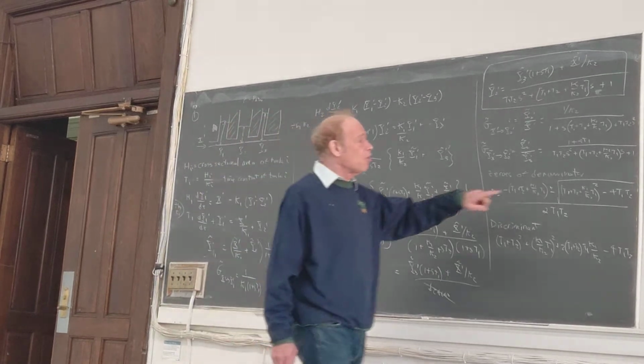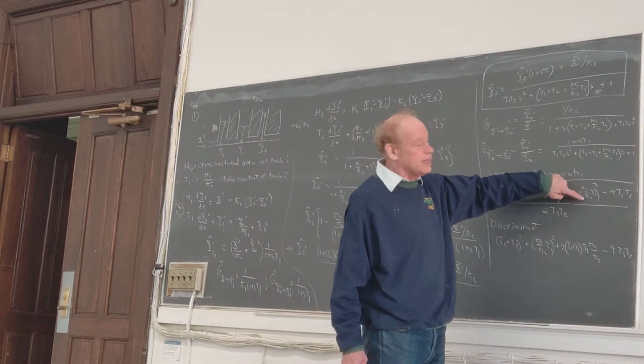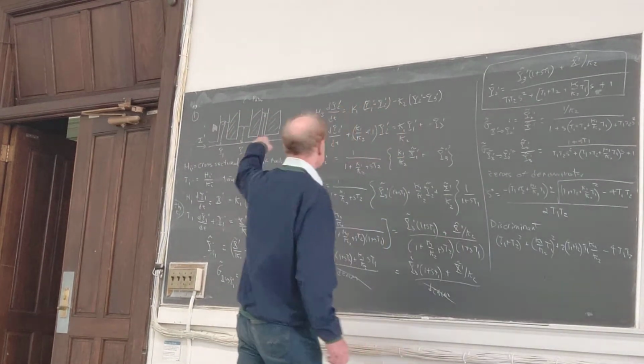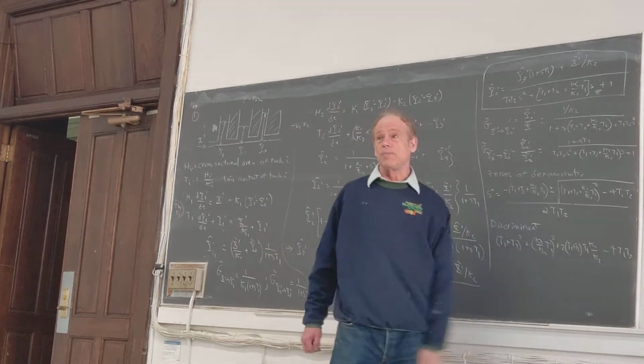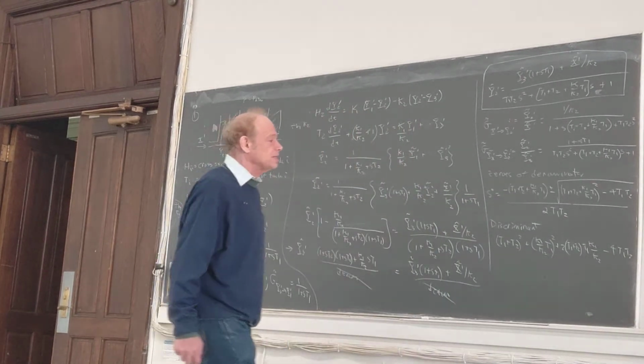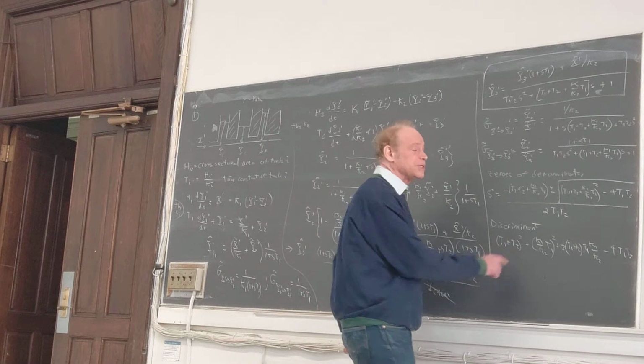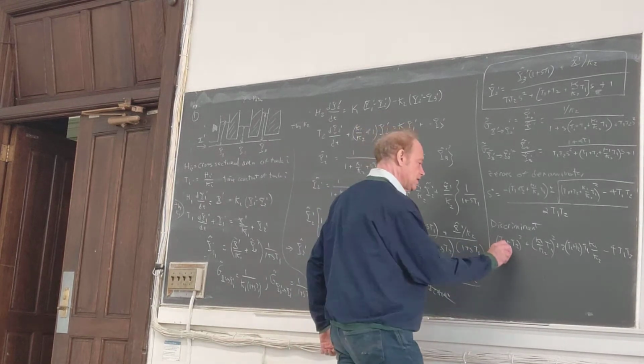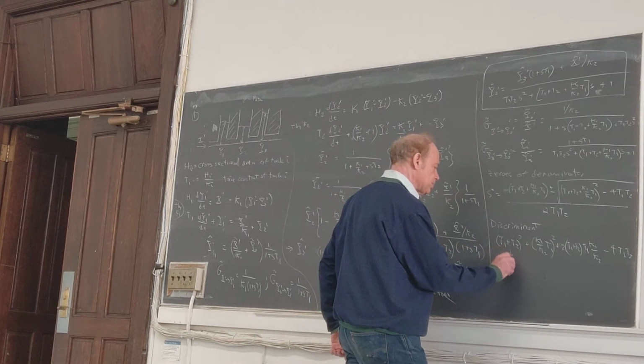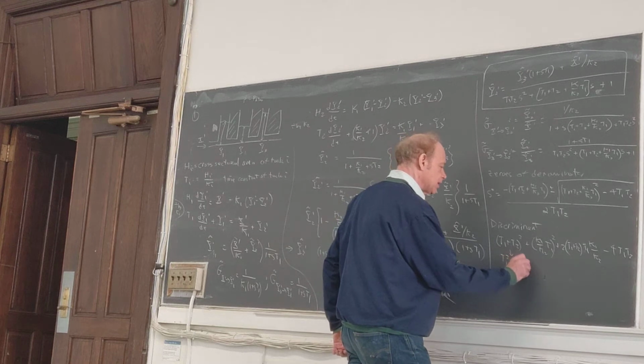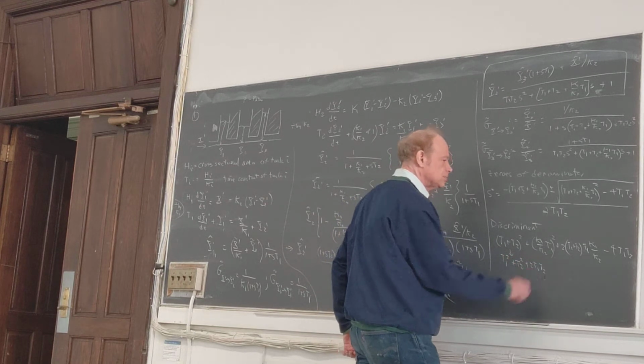Okay, and remember, all these quantities are positive. K1, K2 are positive. That's how I set it up. And T1 and T2 are positive. All right, so let's notice that this thing is T1 squared plus T2 squared plus 2T1 T2.